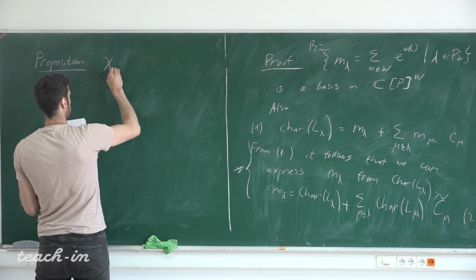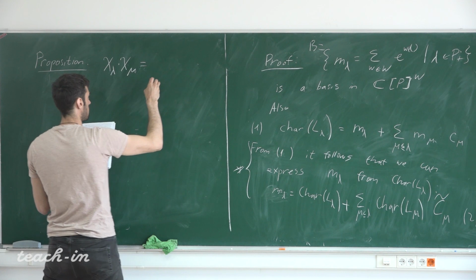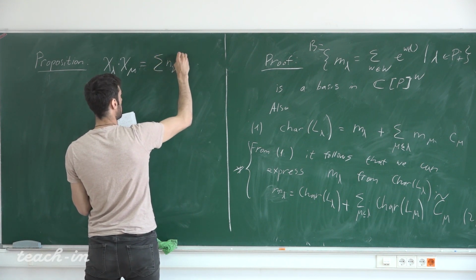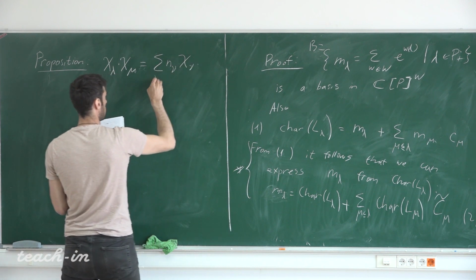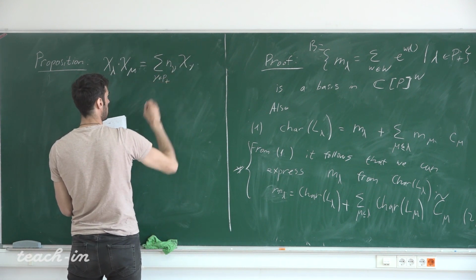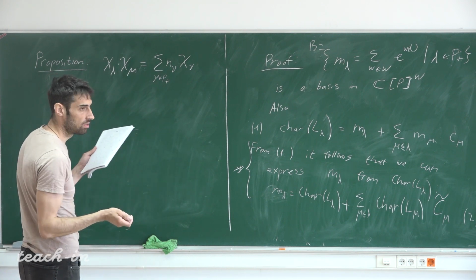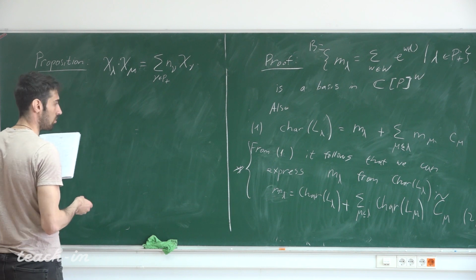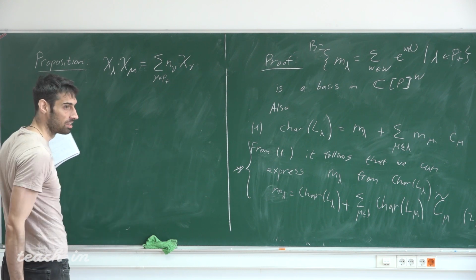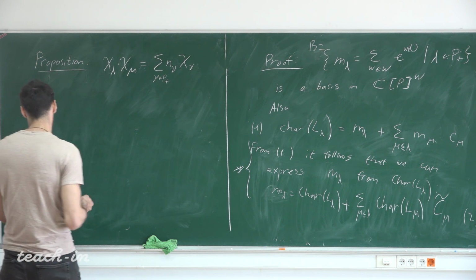Suppose that I have a product of two characters written as a linear combination of chi nu, where nu is from P plus, with coefficients n nu. And n nu can be 0. Actually, it will be 0 for infinitely many nus, and non-zero for only finitely many.